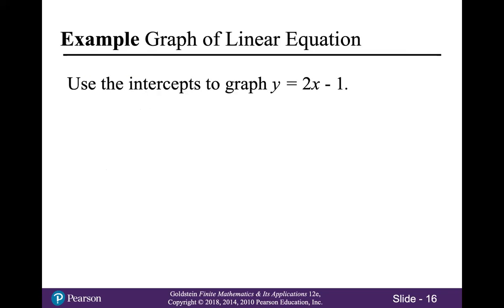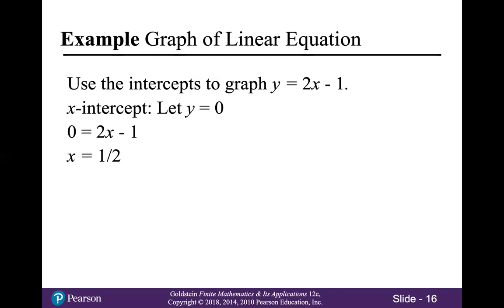So for example, if we wanted to use intercepts to graph the equation y equals 2x minus 1, which is the example from earlier, to find the x-intercept, we're going to set y equal to 0. 0 equals 2x minus 1. By adding 1 to both sides and then dividing both sides by 2, you get x equals 1/2.